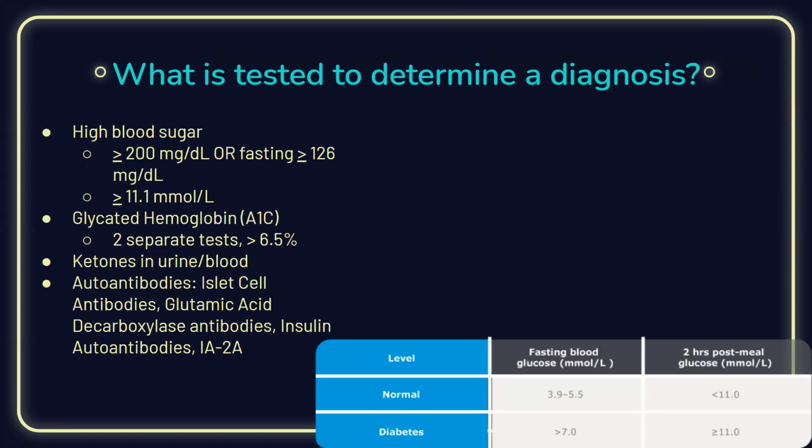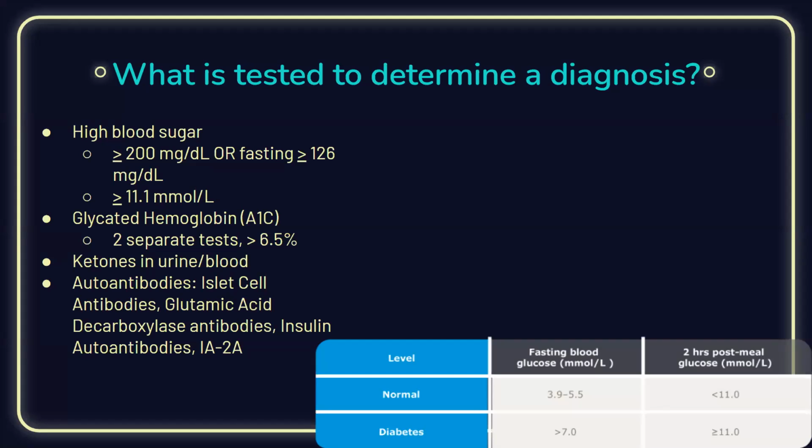High blood sugar is also considered greater than 11.1 millimolar per liter. These are all different units of concentration, basically, and these are considered very high.